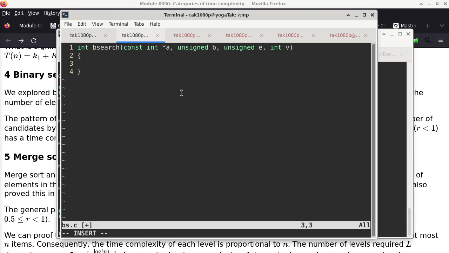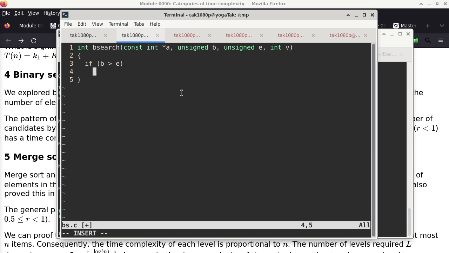So how do we know the portion of the array that we need to consider is empty? There's nothing. So that has to do with the relationship between B and E. B is supposed to be the beginning, E is supposed to be the end. Go ahead. When B is greater than E. That is correct. So when B is greater than E, then there's nothing that we can look at.